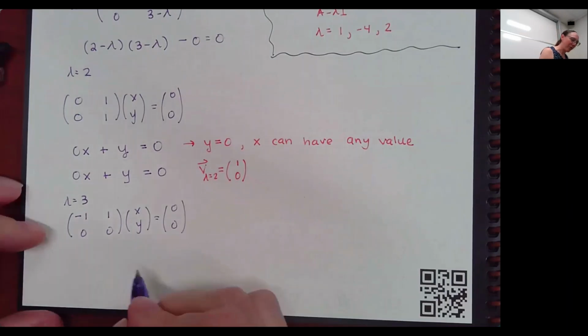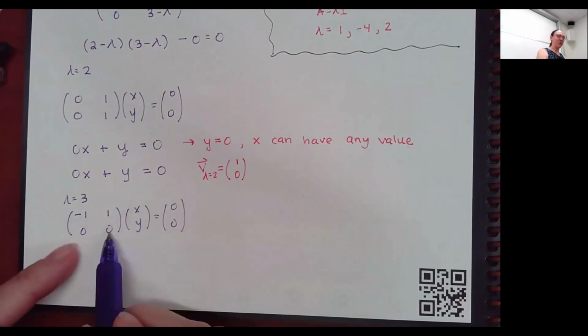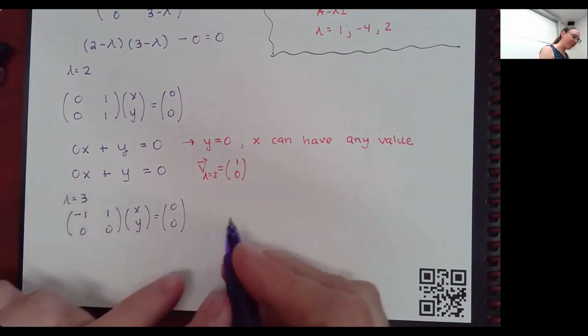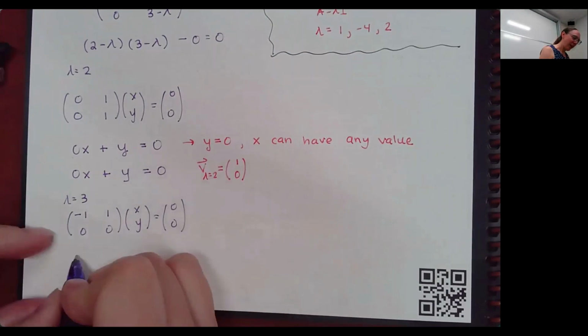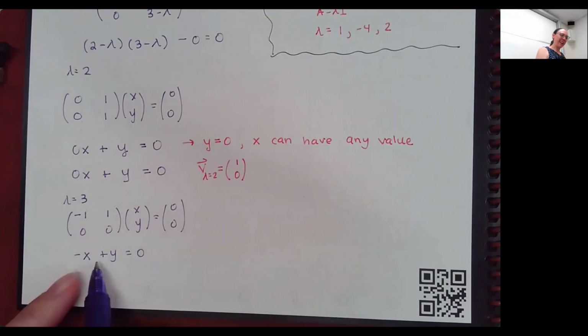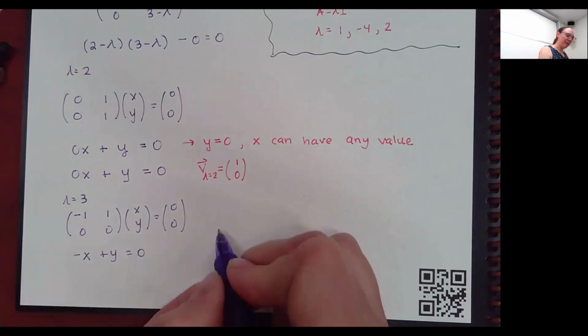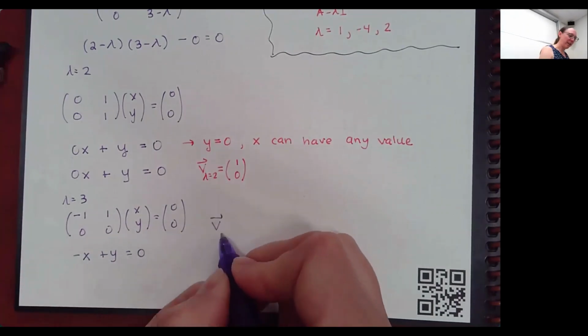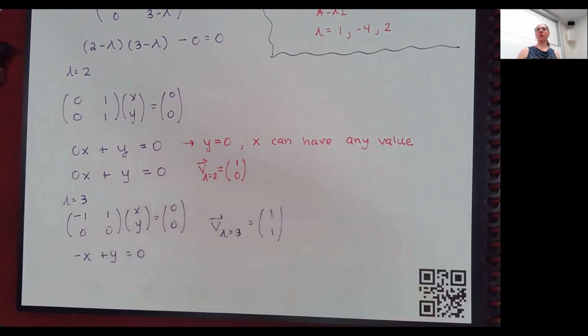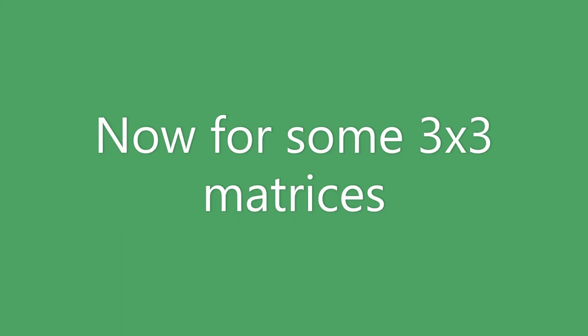If I wrote it out, it would just say 0x plus 0y is equal to 0. Cool. True, not helpful. So I'm just going to focus on the top row this time. -x plus y is equal to 0. That must mean my x and y values are the same. So my eigenvector associated with a lambda of 3 could look like 1, 1, or 2, 2, or -12, -12.